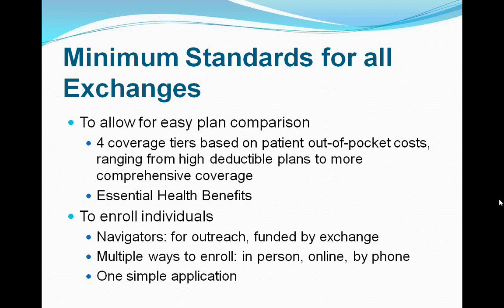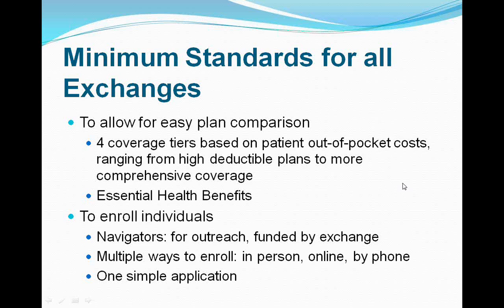It's called the bronze plan. It goes to silver, where 70% of the costs are covered by the plan. Gold covers 80%, and platinum, the most generous plan, will cover 90% of an average patient's healthcare expenses. A couple of important points: any particular patient may actually have very different healthcare expenses depending on their particular needs. This is about an average patient population.